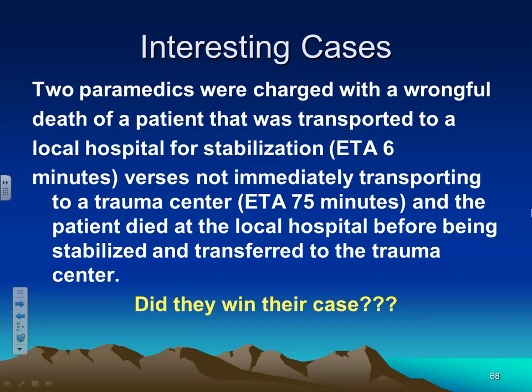Probably. If they're unstable, you transport to the closest hospital for stabilization. This guy needed to go to the closest hospital. If he died at the local hospital, he wasn't going to make it in 75 minutes. So that wasn't good.